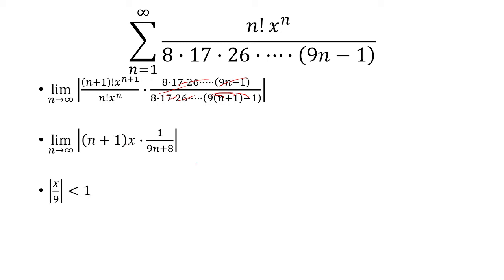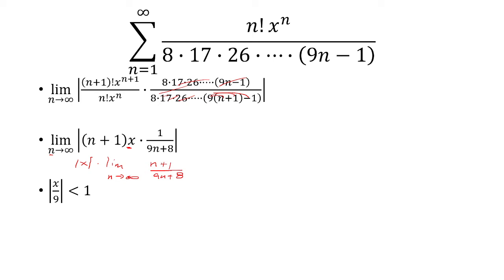So we know that the limit here, because x is not n, we can factor this outside. And then we would just have the limit as n approaches infinity of n plus 1 over 9n plus 8. I can remove the absolute value because n here is positive.